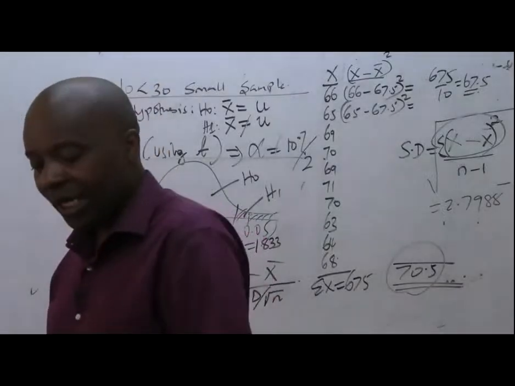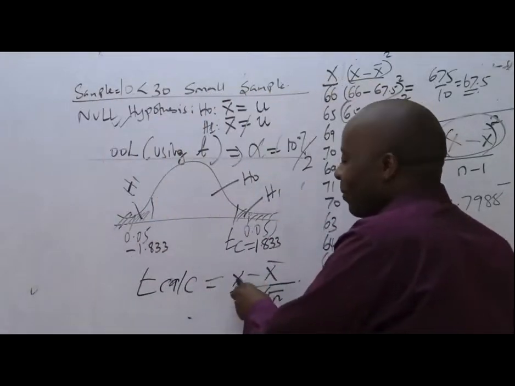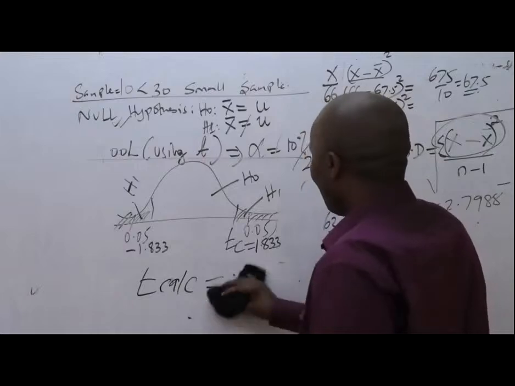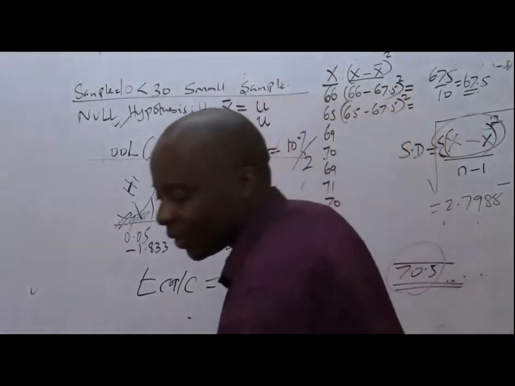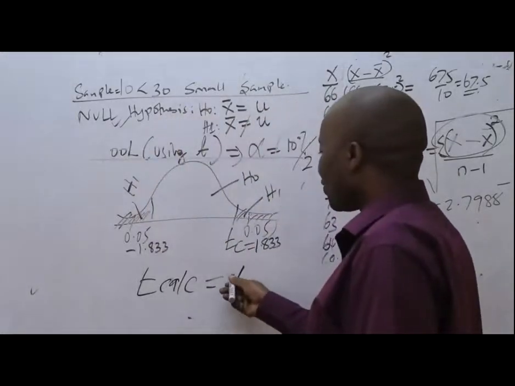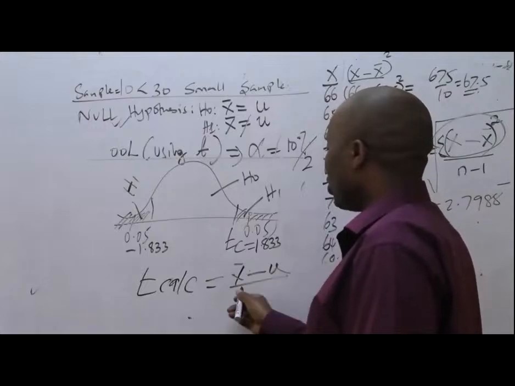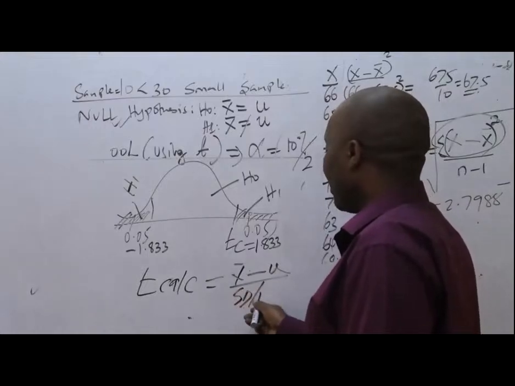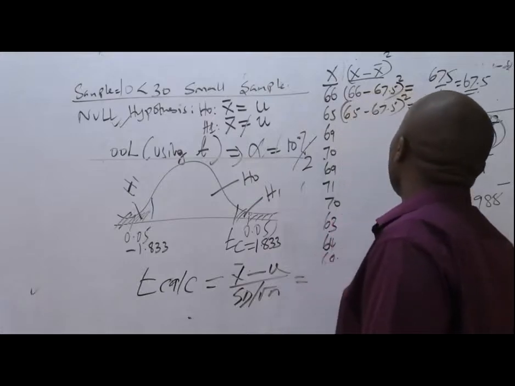Remember, if you remember the Z, the number Z, the formula here is X bar minus mu, all over standard deviation divided by root n. So it will be X bar, you guys got an X bar of what figure?